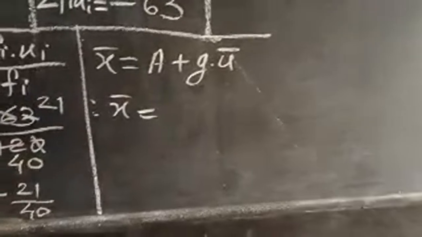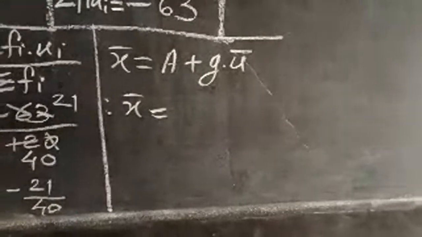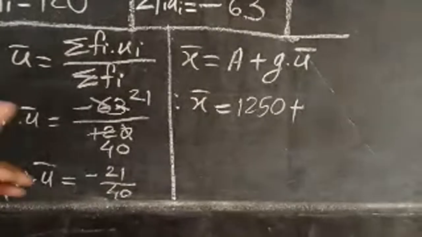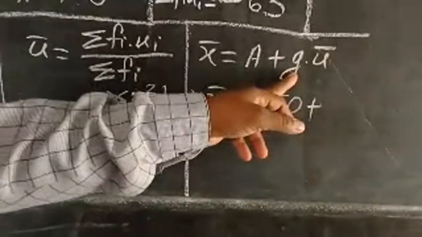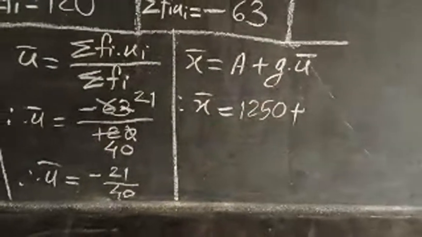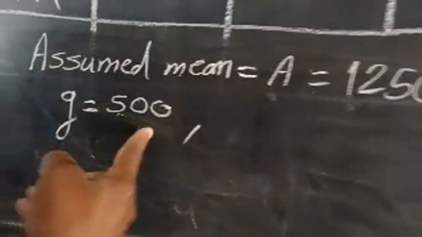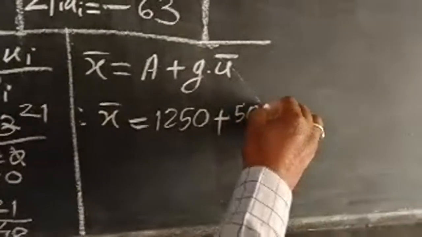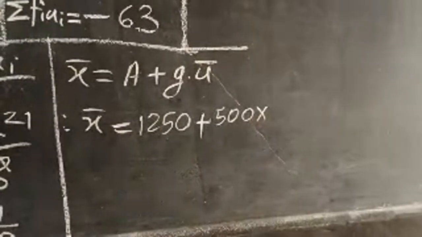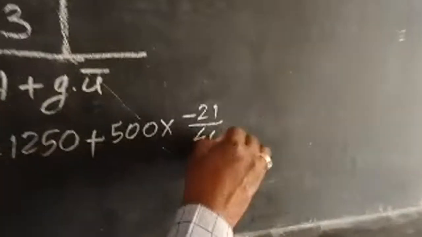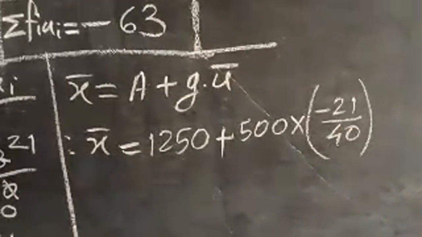Value of A is 1250 plus h. Value of h is 500, that we write here, into value of U bar, minus 21 upon 40, which we write in bracket.